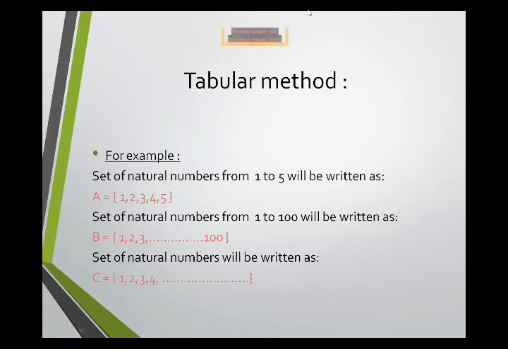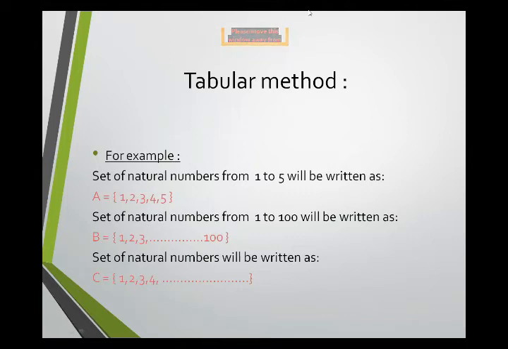Sometimes it is not possible to write all the elements within the braces. As you see, the counting must start from 1 to 100, so there are lots of numbers here. In this case we write only the first 3 or 4 numbers, then we put a few dots and write the last number.